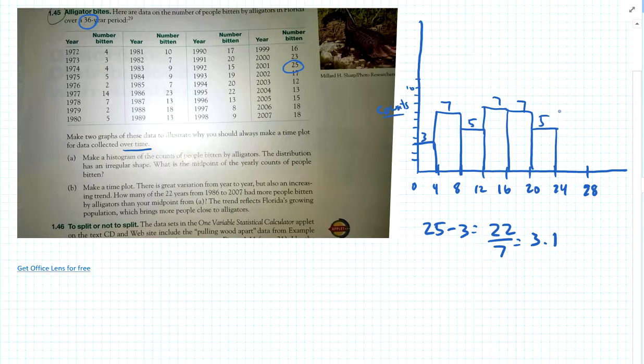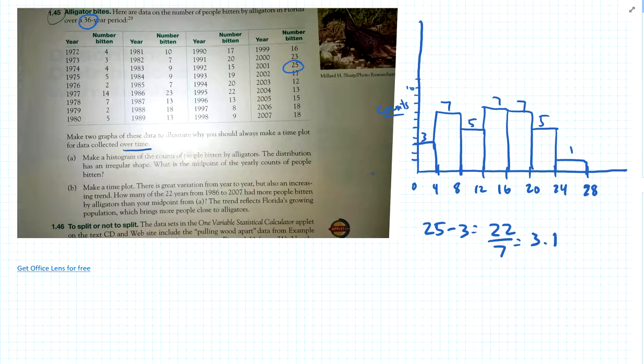Now, what do I have to do if I'm going to give you a test on this and I want all of yours to look exactly the same? I would have to tell you to start your histogram at a certain point and make your class widths a certain width. I'm more likely to say, make a good solid histogram, and then I'll check your numbers and make sure they're good.